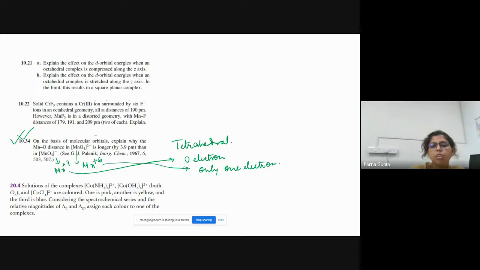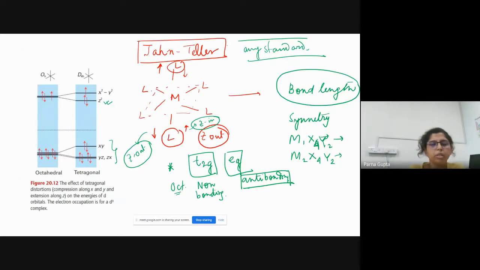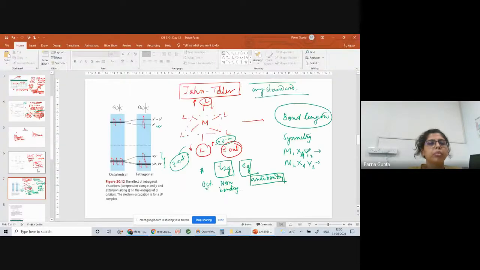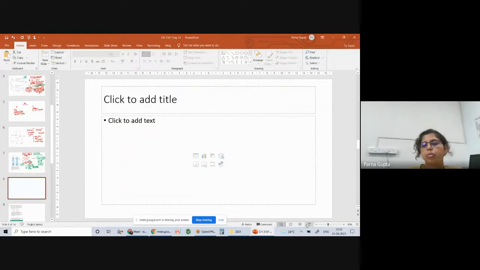So this is Jahn-Teller. No, this example will not do. So I shall see. If you remember the molecular orbital, then this is Eg and this is T2g and this Eg star, right?